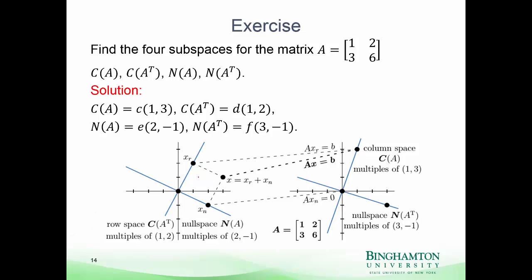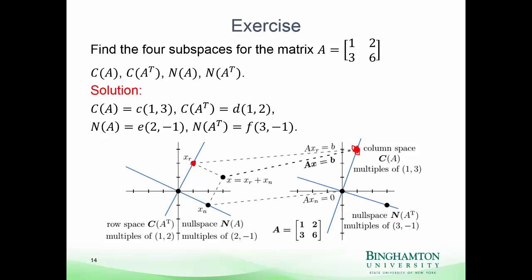And we can literally say, what are all the solutions that would arise if I said, there's my b. My b is 1, 3. Which b is that? Well, what's the solution when b is equal to that? Well, it's this point.